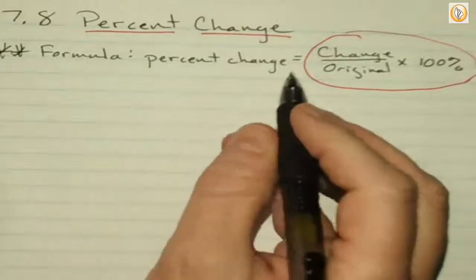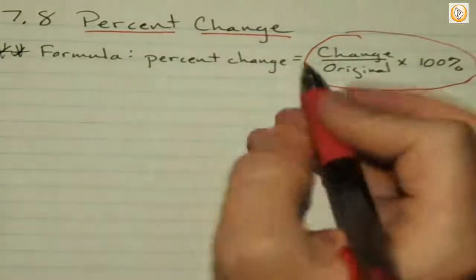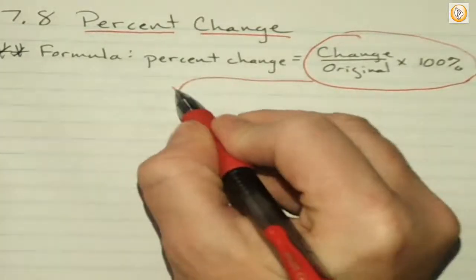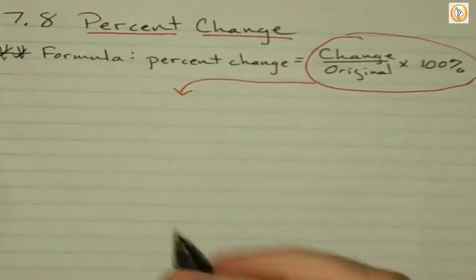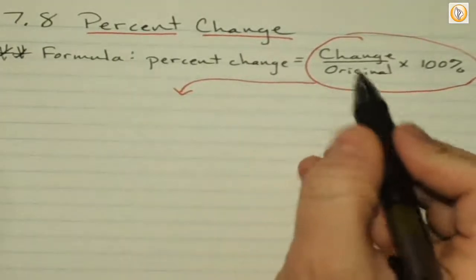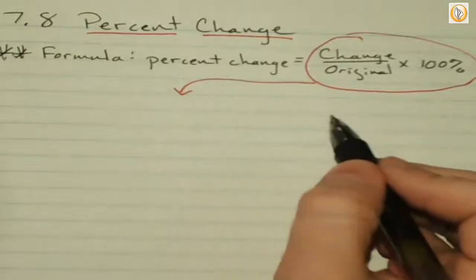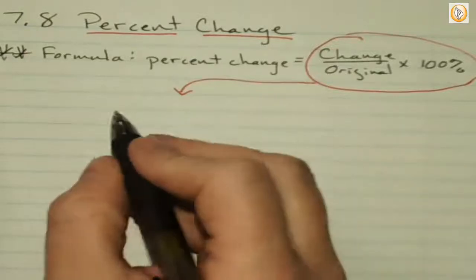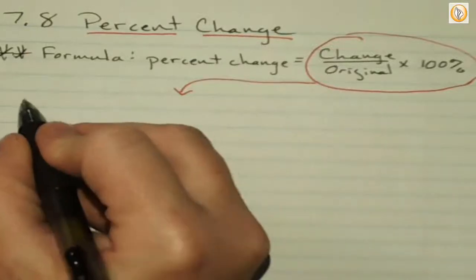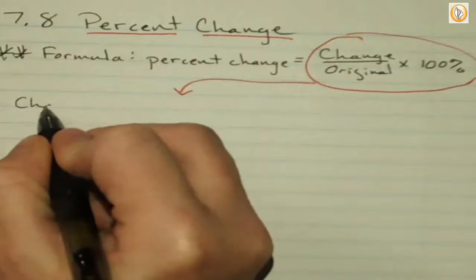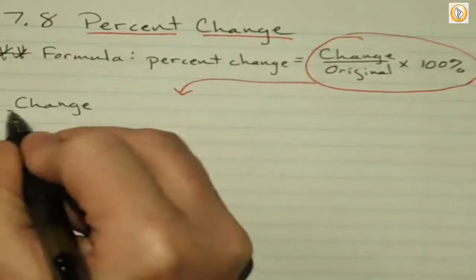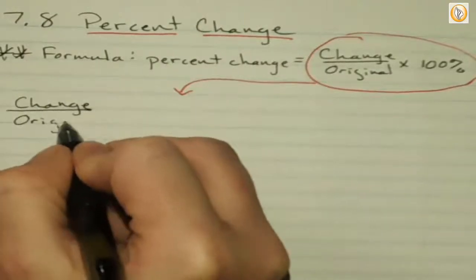Okay. Let me draw an arrow. I'm going to write it out a little bit better. Okay, so change over original is the one aspect that you need to remember, but let me break this down a little bit. The change part, so here I have change over original.